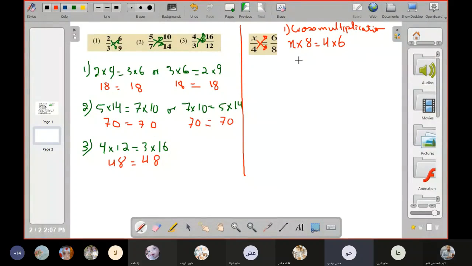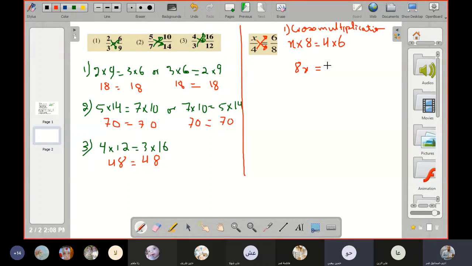X times 8, how do we write it? Ali Zain, how do we write x times 8? 8x. We put it as 8x equal 4 times 6, ya Hussein?